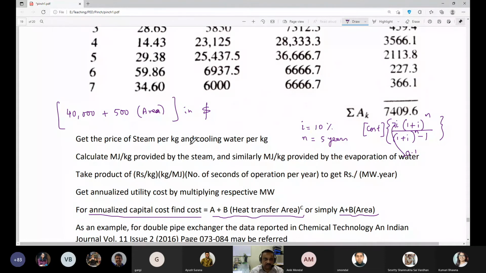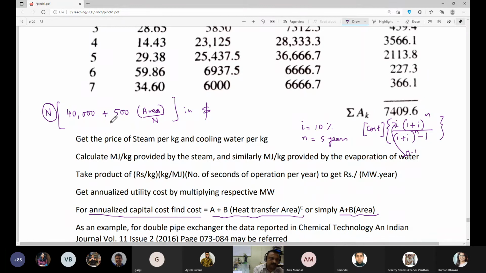So you have to find out the number of heat exchanger units required, n. If you multiply the cost by n, then since you are taking the total area, the area has to be divided by n; or you multiply n to the 40,000 plus 500 into area. So that is a possibility.